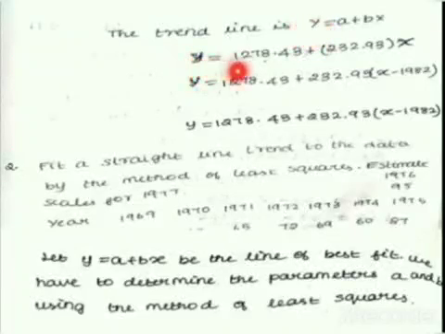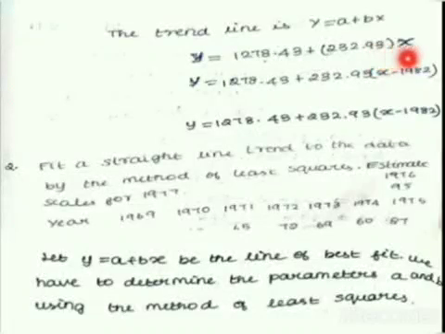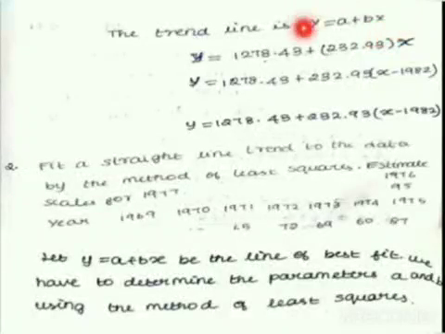Small y is equal to 1278.43 plus b value 232.93 into capital X. We know the value of capital X, which is x minus 1982. So we have to conclude from this y is equal to 1278.43 plus 232.93 of x minus 1982. So we have to take it as the trend line as Y is equal to a plus bX. After that we have to change it into small y and small x values.